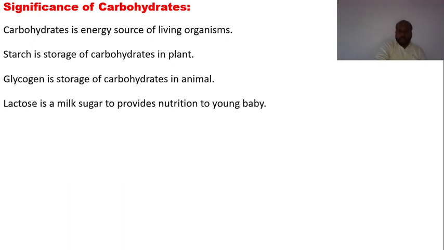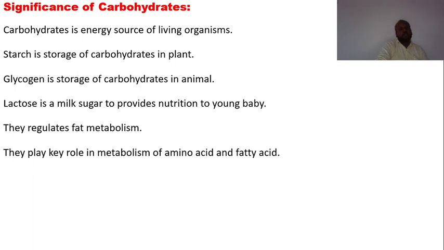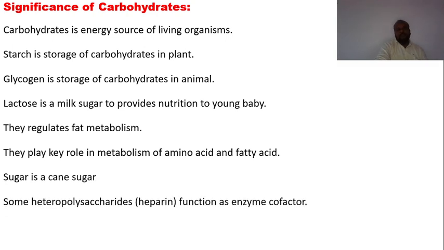In animals, lactose is a milk sugar that provides nutrition to the young baby. Carbohydrates also regulate fat metabolism in animals and play a key role in the metabolism of amino acids and fatty acids. You all know cane sugar is important in many ways. Some heteropolysaccharides, for example heparin, act as a cofactor for enzymes.